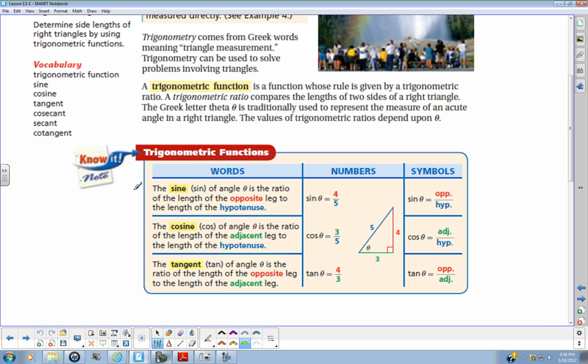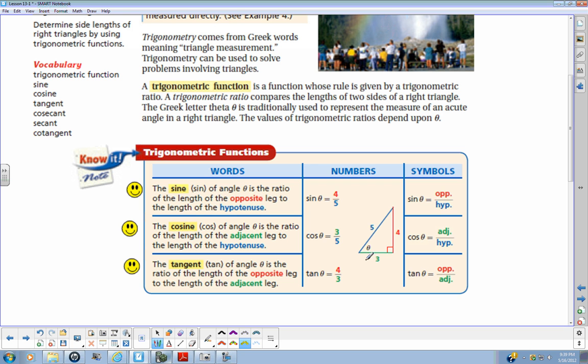Cosine is the ratio of the leg adjacent to the angle over the length of the hypotenuse. And tangent is defined as the length of the opposite leg over the length of the adjacent leg.